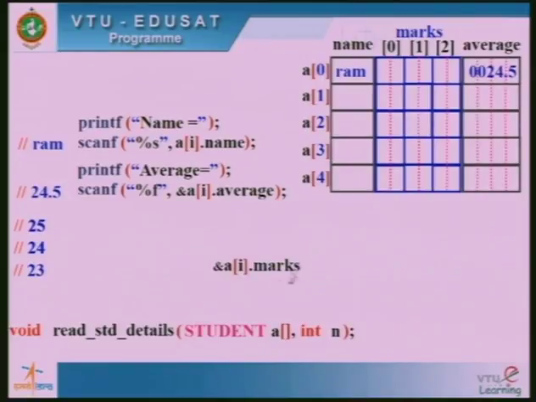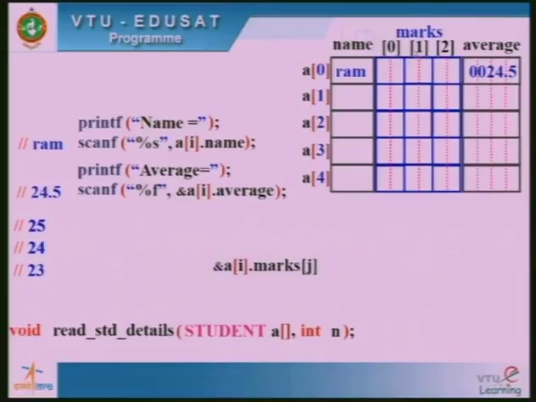Now, how is it possible using marks? How can you access this field and this field? Using the subscript 0, 1 and 2. So instead of using 0, 1 and 2, in general I write j here. What can the subscript value be? The subscript value can be 0, 1 and 2. So instead of using 0, 1 and 2, in general I can write j. What can be the initial value of j? 0.